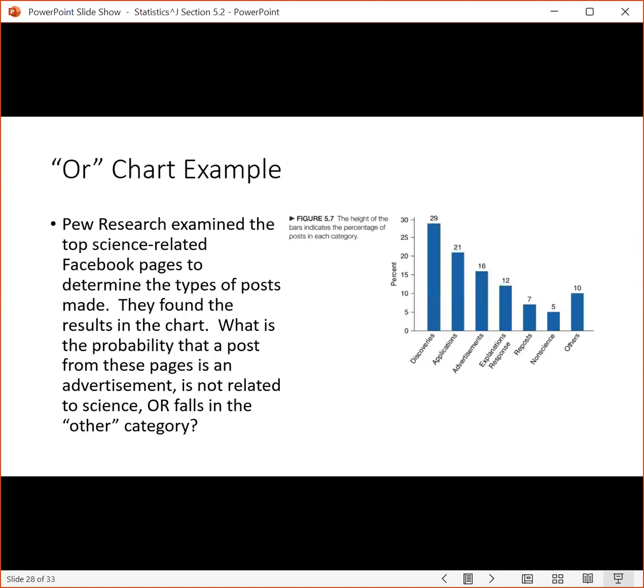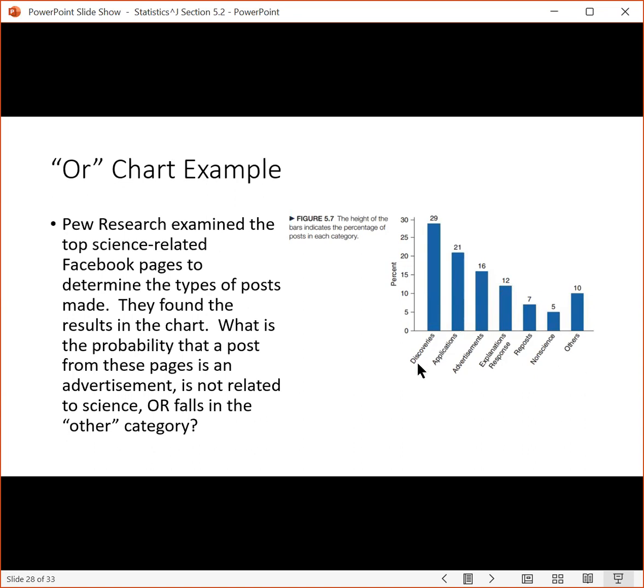All right, let's go through and look at a chart example. Pew Research examined the top science-related Facebook pages to determine the types of posts that were made. They found the results in the chart. What is the probability that a post from these pages is an advertisement, is not related to science, or falls in the other category? These are all mutually exclusive.